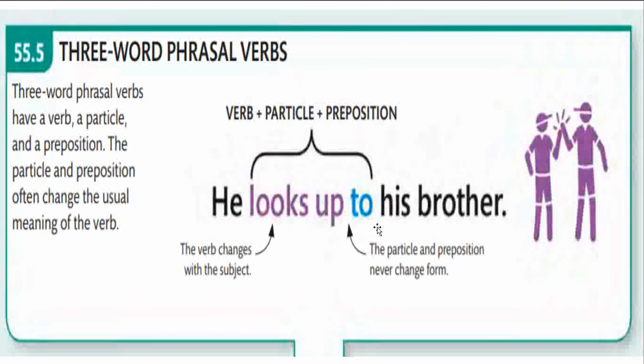These are the meanings that you can extract from it. The verb changes with the subject. You can see with he, looks, s has been added, and the particle and the preposition never change form. So the particle and the preposition will not have any ed, ing, etc., added to it.